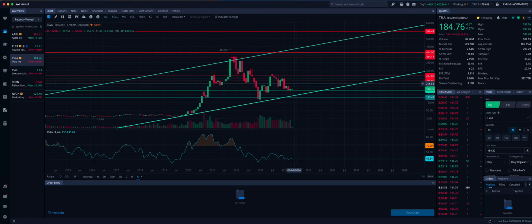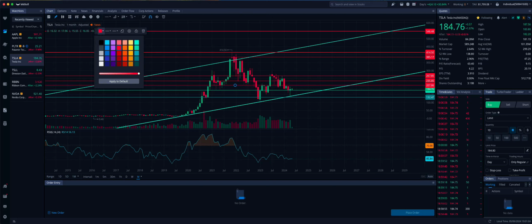Write down those numbers. So first resistance 235. I'm talking about strong resistance. There's also this mid one here. Like I said, on a long term, this is nothing, so I wouldn't consider this one as much, but it's still a resistance, okay? Write those numbers.